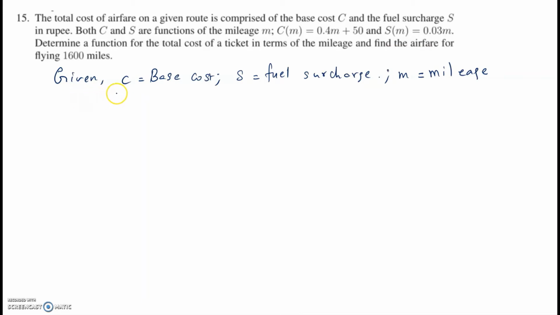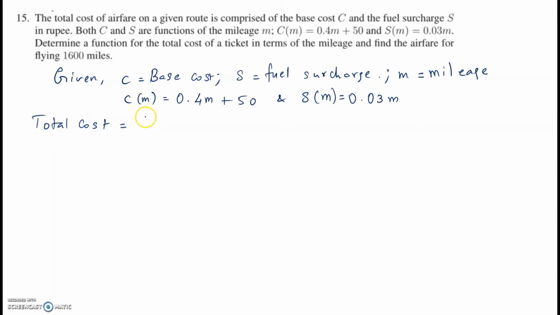And also given to us is C of M, the function base cost in miles is given as 0.4 M plus 50, and S of M is equal to 0.03 M, right?